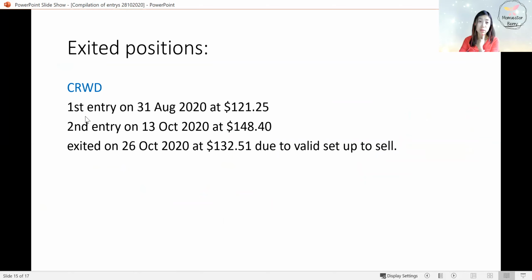I did mention in my previous video that I have actually placed one entry on the 31st at $121, second entry on the 13th of October at $148, and on the 26th of October, which is 2 days ago, I actually sold this entire position because there's a valid setup to sell. So I sold at $132, exited at $122.